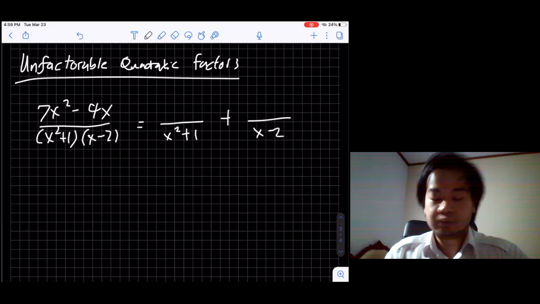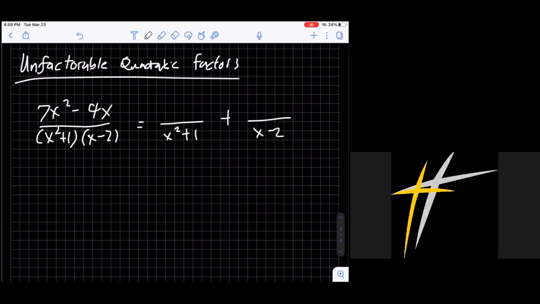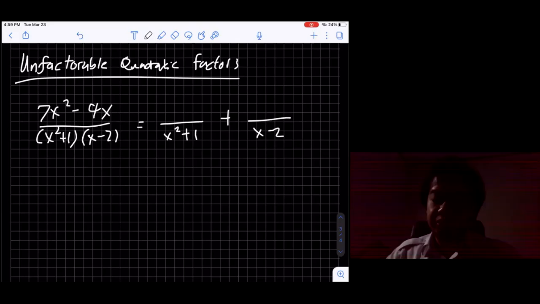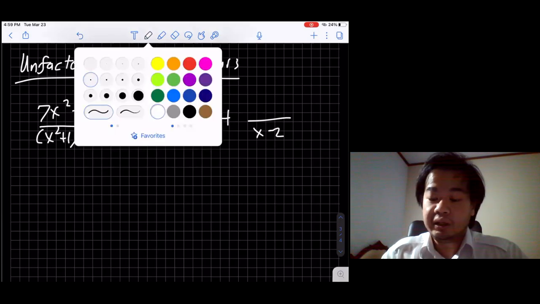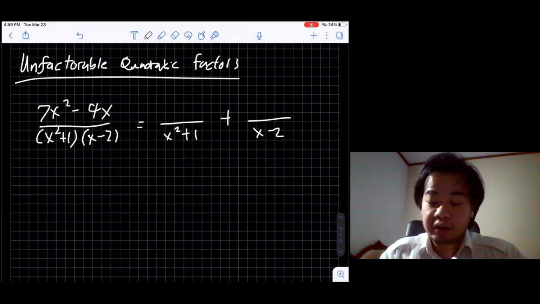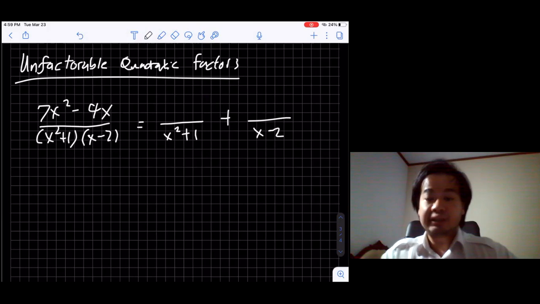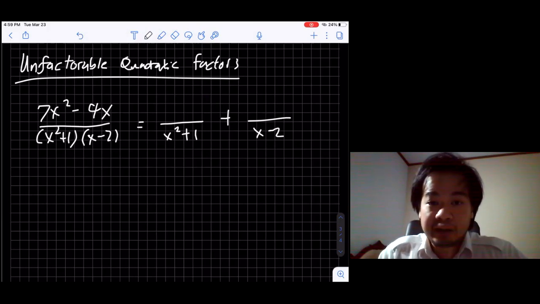But the difference is instead of just using A and B here, which will not work, you must put the assumption that the degree of the numerator is 1 less than the degree of the denominator.